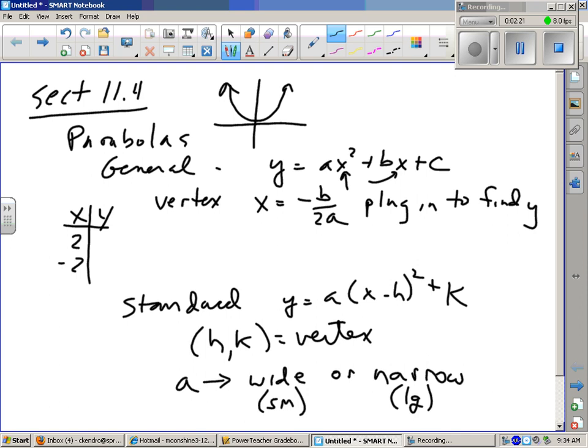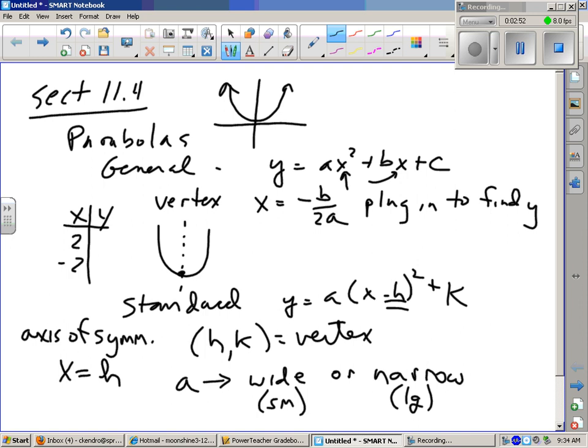We also have something in standard form called the axis of symmetry. And that's just x equals whatever that h term is. So x equals h. The axis of symmetry is the line that goes through the middle of the parabola. So it makes sense that it's on the vertex x because it goes through that point.